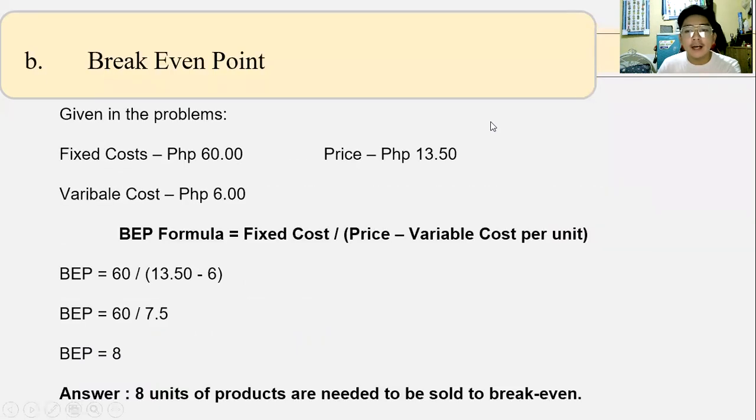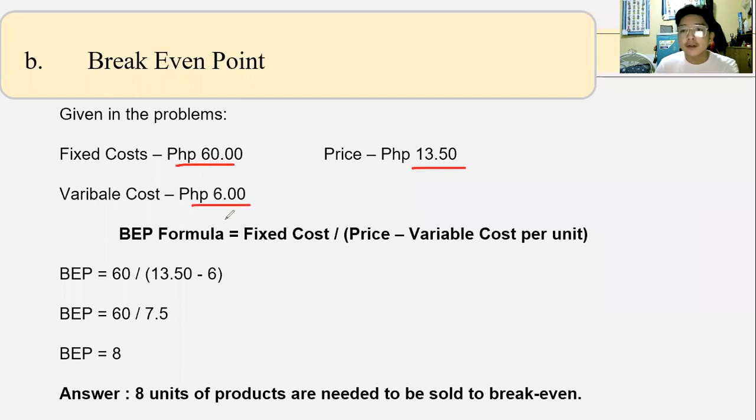Next, we have the break-even point. In order for us to solve that, first we're going to list the givens in the problem. We have the fixed cost of 60 pesos. We have the price of 13.50 pesos, which we solved earlier. And then we also have the variable cost of 6 pesos per unit.